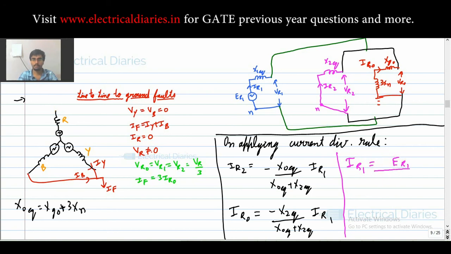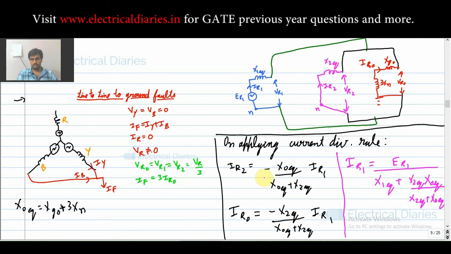The main important thing is that you remember this circuit diagram, and then everything will be fine. That is the only trick in fault analysis: remember the circuit diagram, then you can derive the formulas if you wish, or else learn the formulas, but circuit diagrams are essential. So the parallel combination is X2 equivalent into X0 equivalent divided by X2 equivalent plus X0 equivalent, and then it is added in series, so IR1 can be calculated using this.